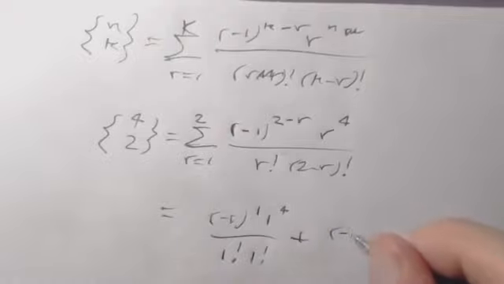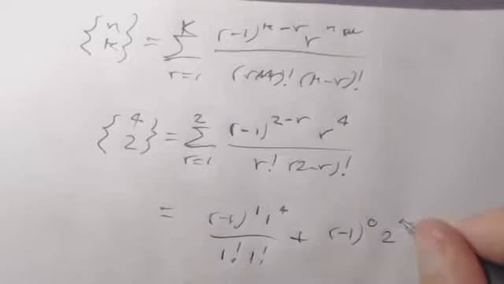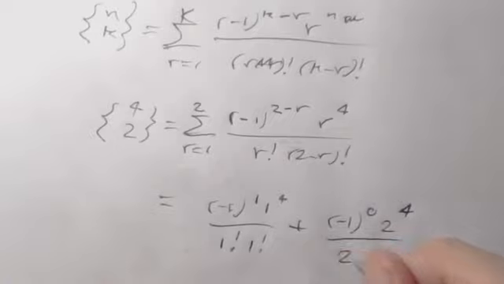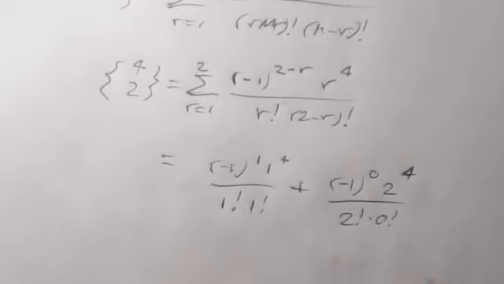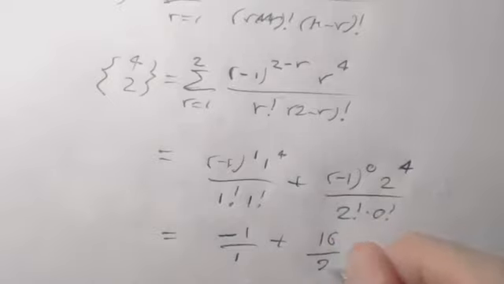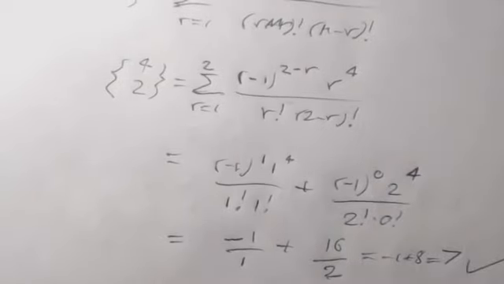So minus 1 to the 0 times 2 to the 4 divided by 2 factorial times 0 factorial. So this is minus 1 over 1 plus 2 to the 4, 16 over 2. So minus 1 plus 8 equals 7. It works. Well, that's a pretty crazy formula.